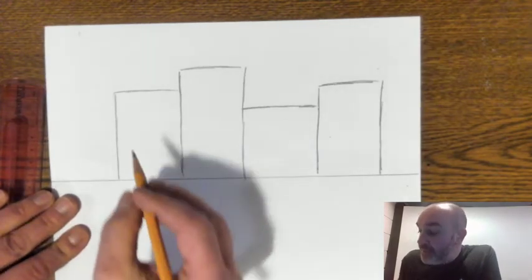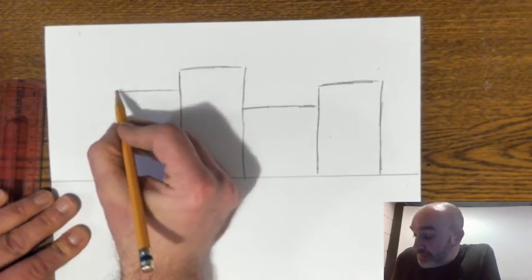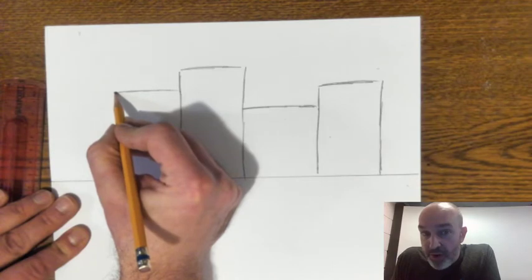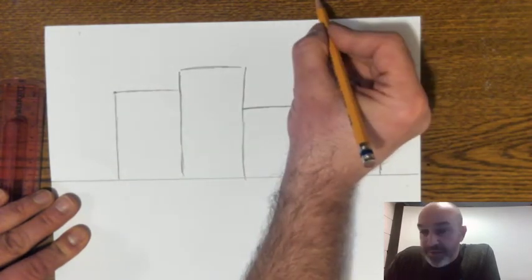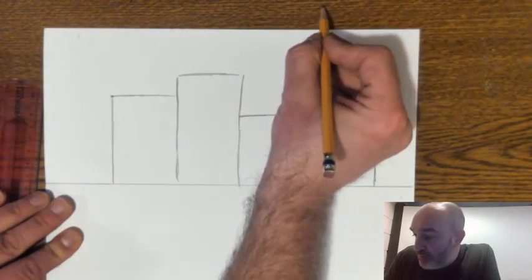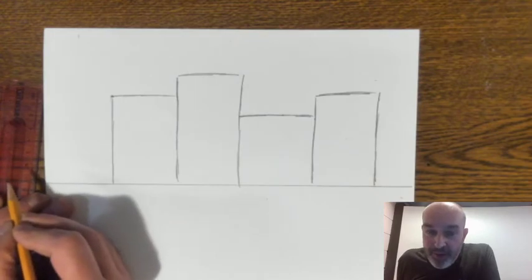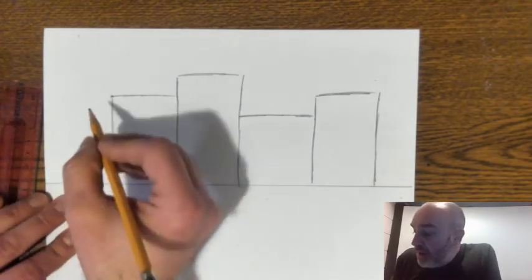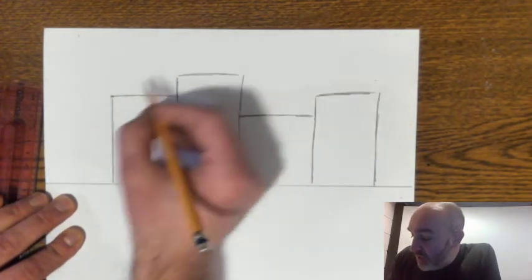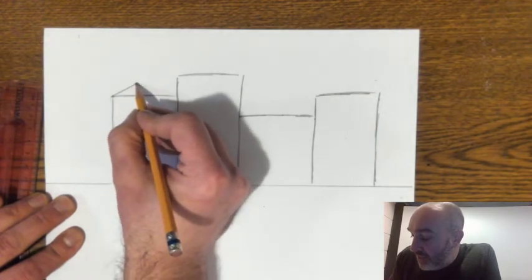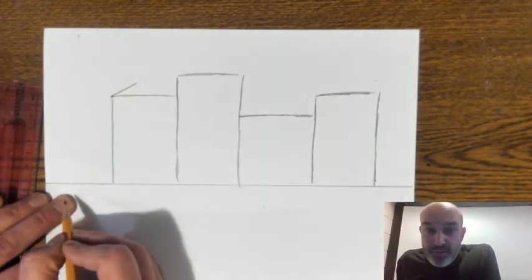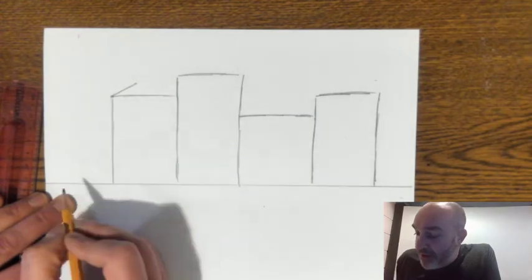So to do that, I need to draw a line from this corner. It's going to aim that way. I'm going to imagine there's a vanishing point out here, kind of like we talked about with our other 3D buildings. I'm just going to imagine it's this way, and I'm going to draw a line that goes that way. Not too long, okay, about this far.